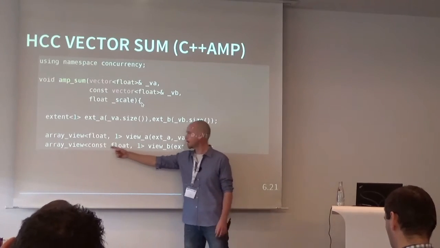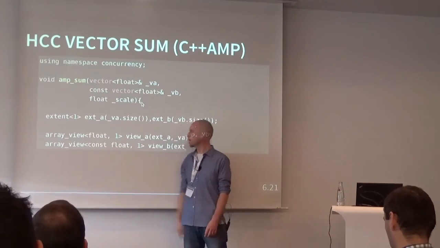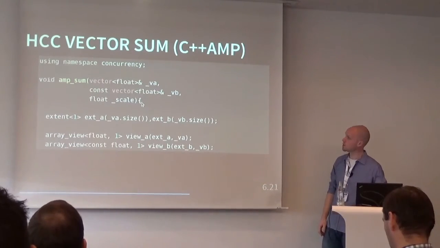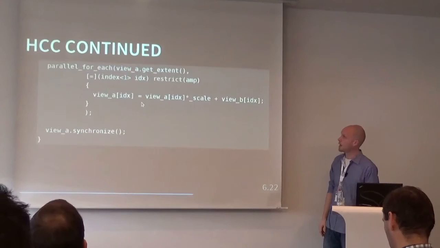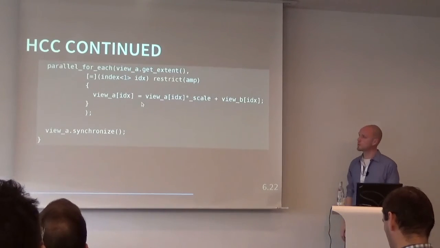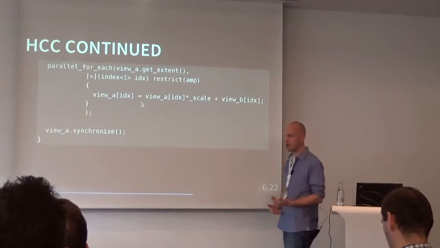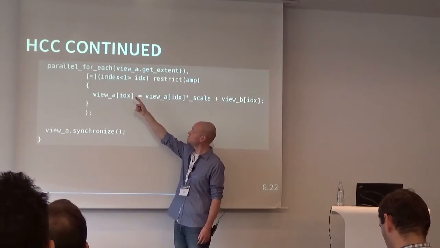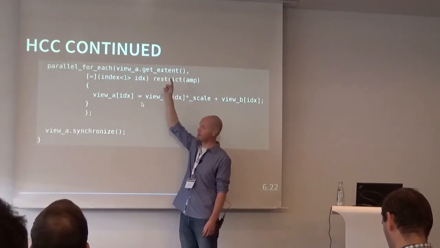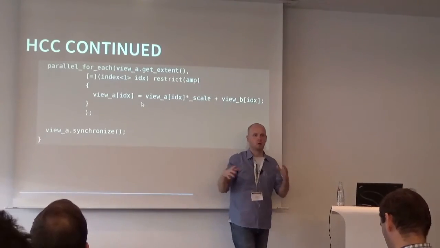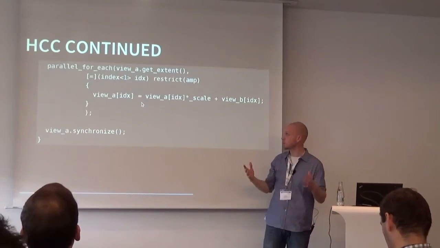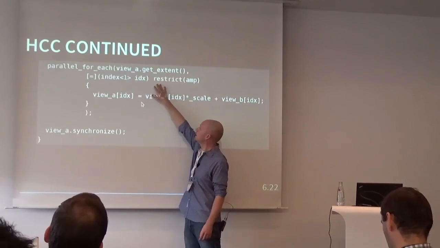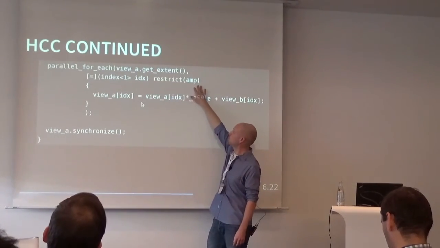And I can actually tell it, well, it's a read-only array, so I provide the const keyword. So this is pretty nice. And if you look at the actual work to be done, it looks, for me, very much more like C++. There is an algorithm called parallel_for_each. I provided an extent because I have to define what portion of the memory, how it's structured, it's supposed to work on. Then comes a lambda. This is taken from actual working code.